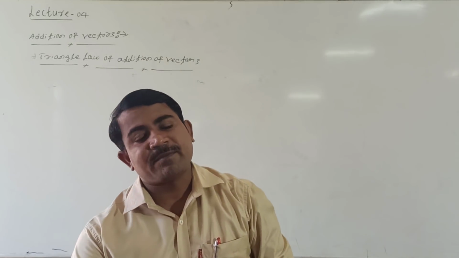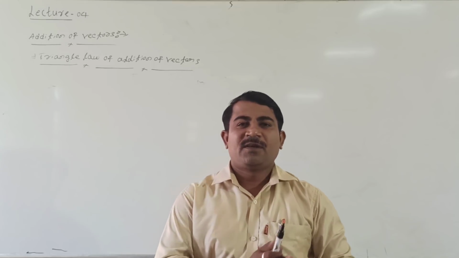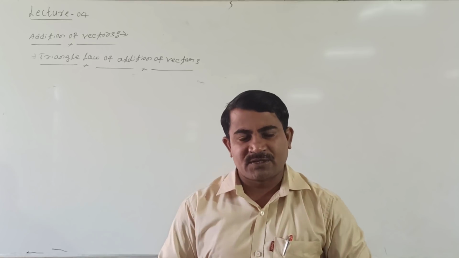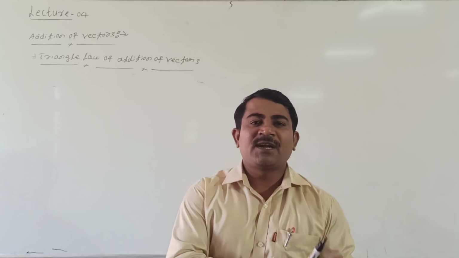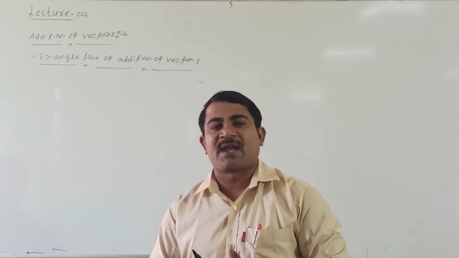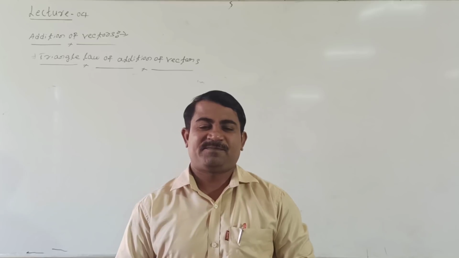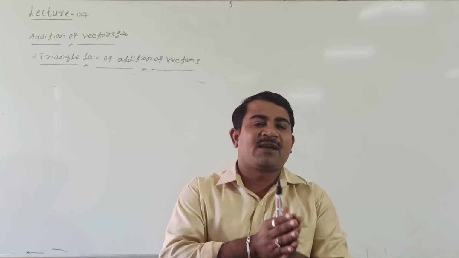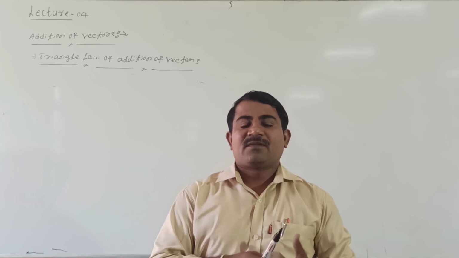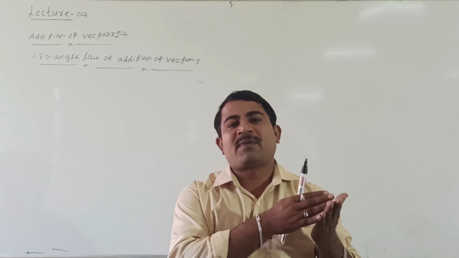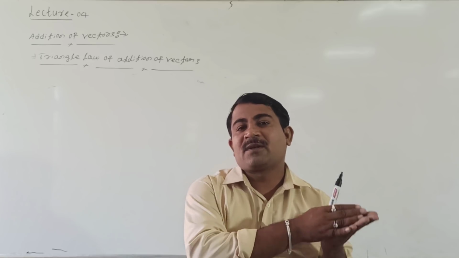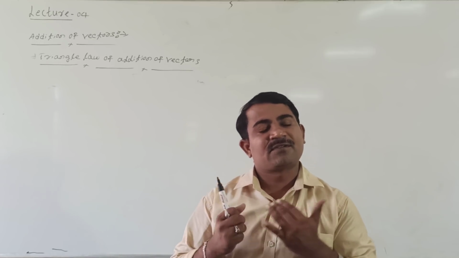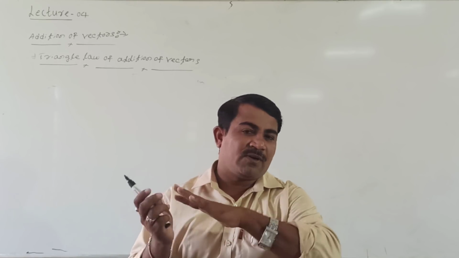The statement says that if two vectors are represented by two sides of a triangle both in magnitude and direction in same order, the resultant of the two vectors is represented by the third side of the triangle in reverse order both in magnitude and direction. This is triangle law of addition of vector.